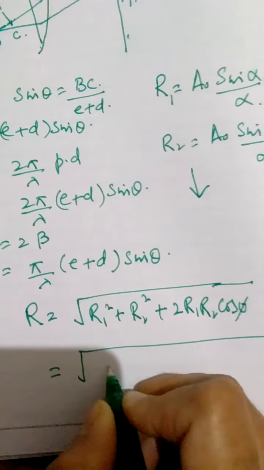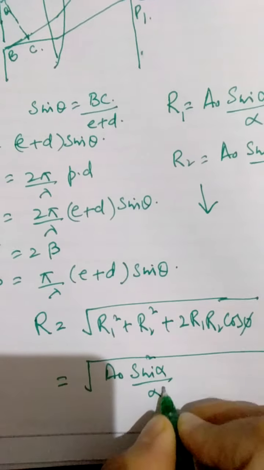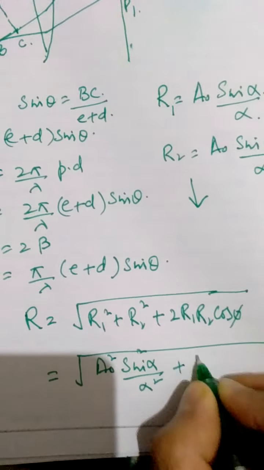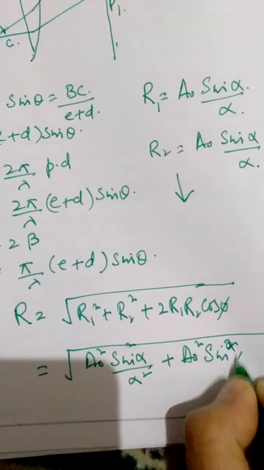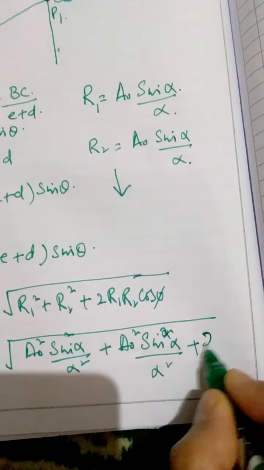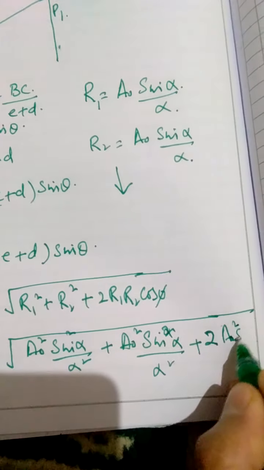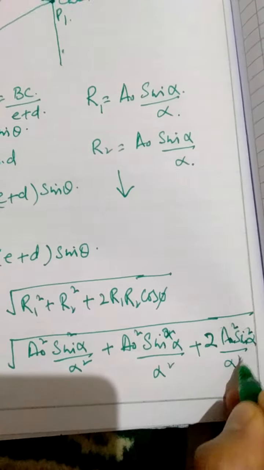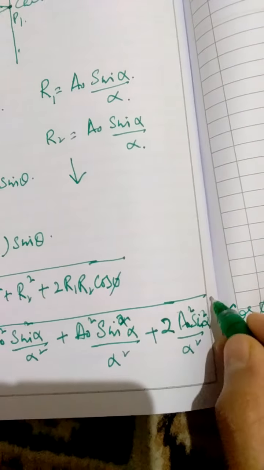So this is (A naught sin alpha by alpha) squared plus again A naught squared sin squared alpha by alpha squared plus this factor 2 times A naught squared sin squared alpha by alpha squared and cos phi, all under root, right?